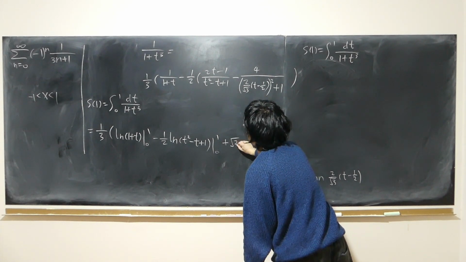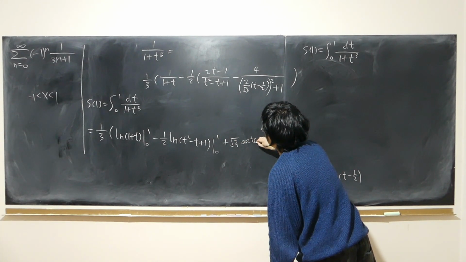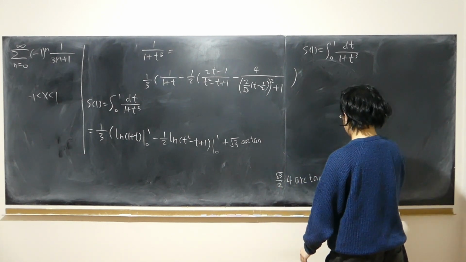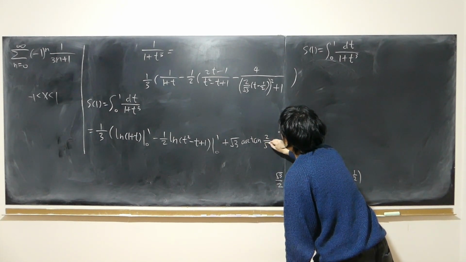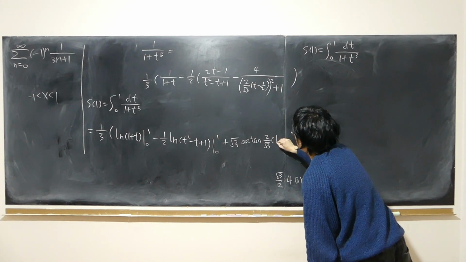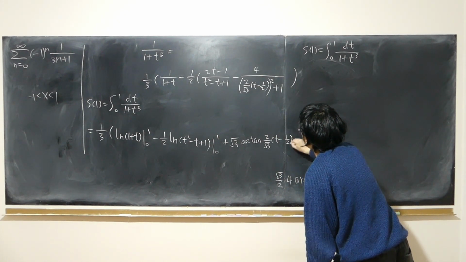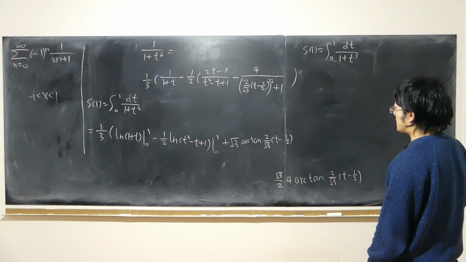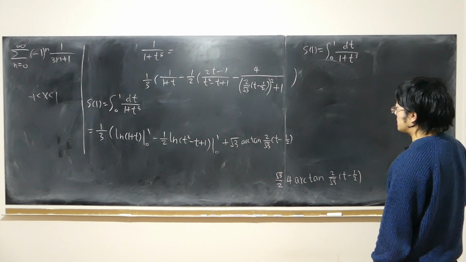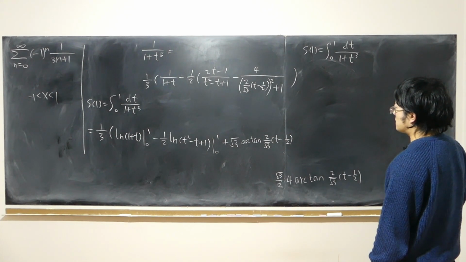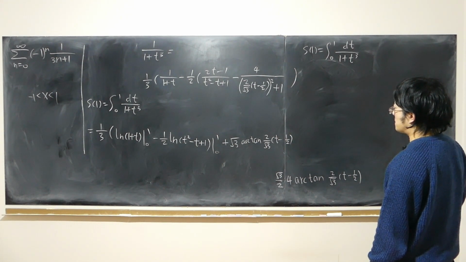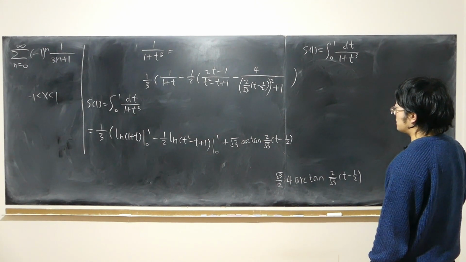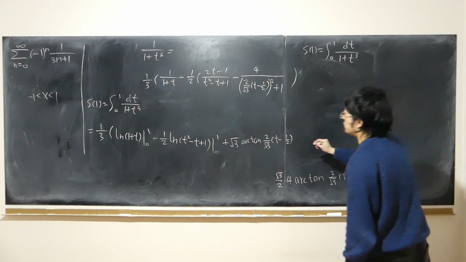Plus square root of 3 arctangent of 2 over square root of 3 times t minus half, evaluated also from 0 to 1.